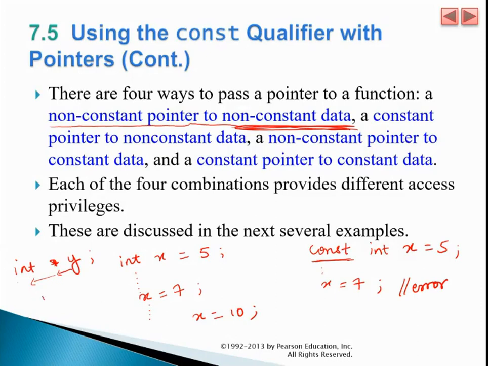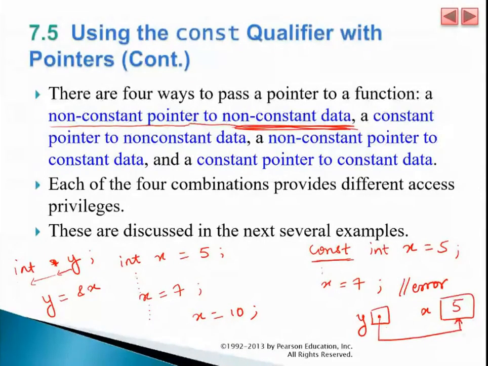Now, if I say y equal to &x, what will happen in the memory? This is y, this is x, and y is pointing to x. Let's say 5 is stored in x, and y is pointing to this memory location.